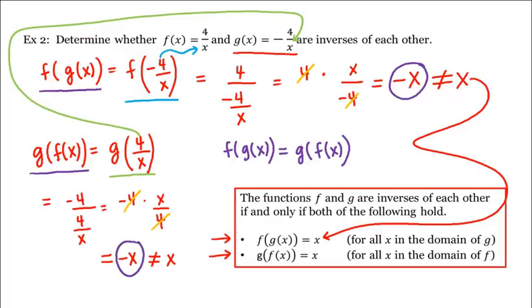But they're not, because not only do these compositions have to be equal to one another, they also have to be equal to x, not negative x. So our answer here then would be no, they're not inverses.